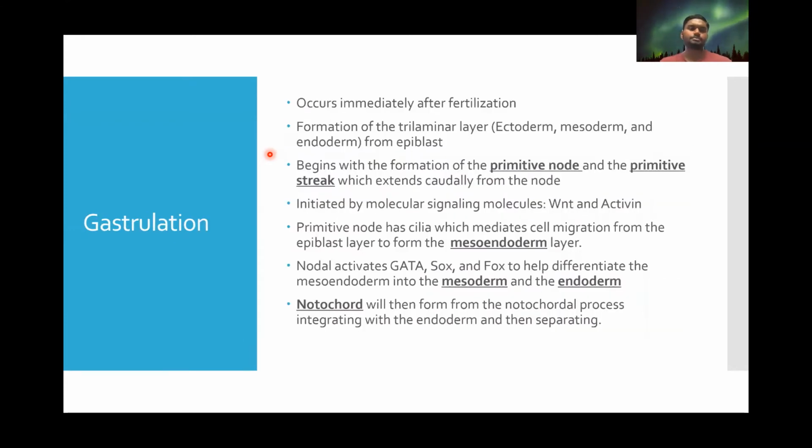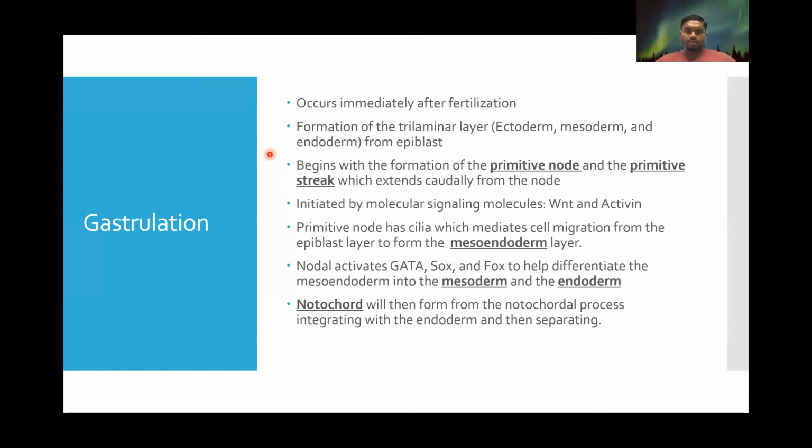Moving on. Immediately after fertilization and blastulation, we have a process called gastrulation. So gastrulation, by definition, is just the formation of the trilaminar layer, which is the ectoderm, mesoderm, and endoderm, which is derived from the epiblast. So we have to think, well, how do we go from one layer, the epiblast, to 3 layers, ectoderm, mesoderm, and endoderm?